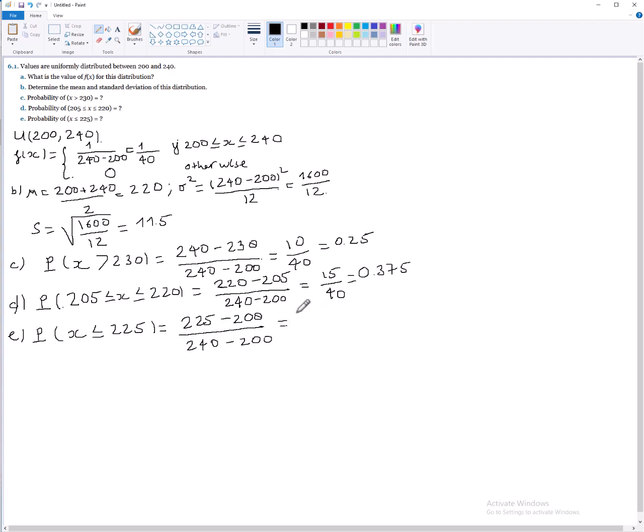So this is 25 divided by 40, and that should give you the probability of 0.625.